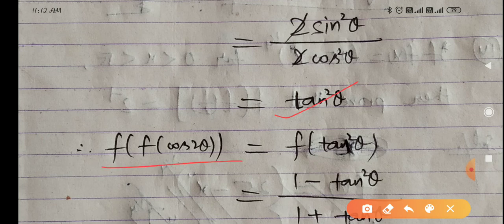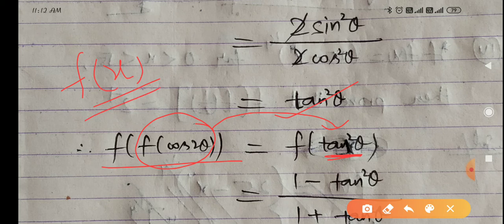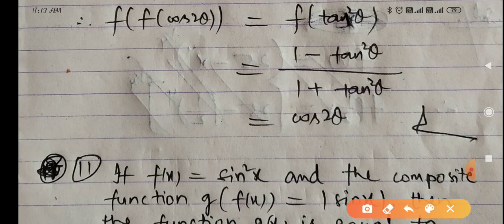Now f(f(cos 2θ)), what will be its value? The f(cos 2θ) value you have found is tan²θ. So in place of f(cos 2θ), I have put tan²θ. Now in the function f(x), in place of x, you have to put tan²θ.